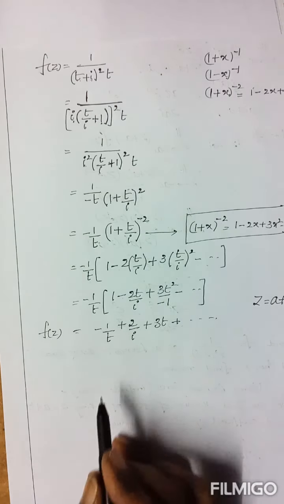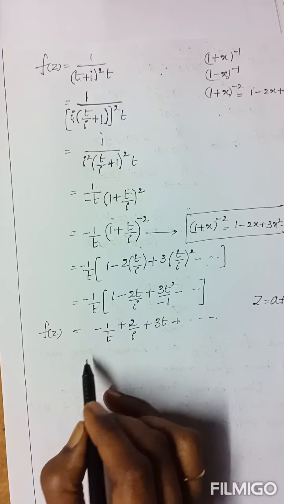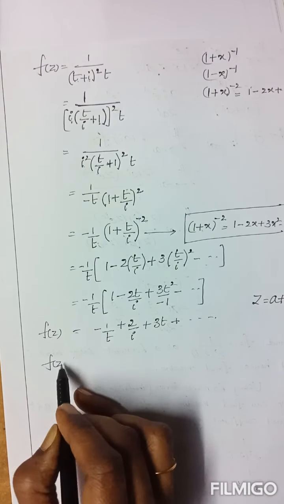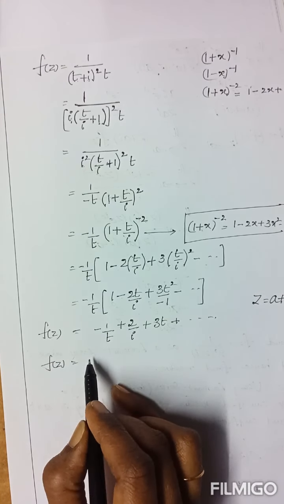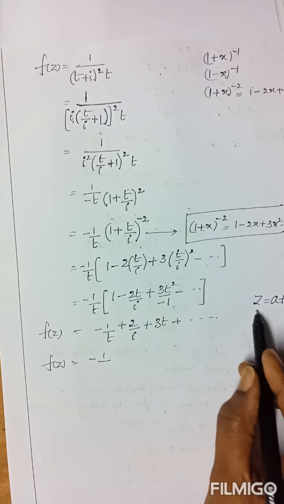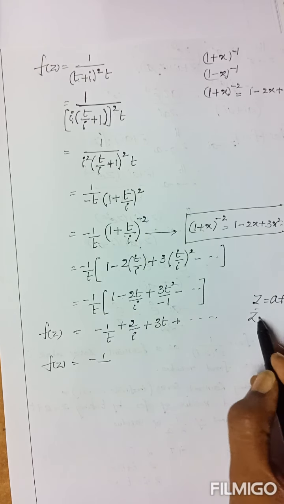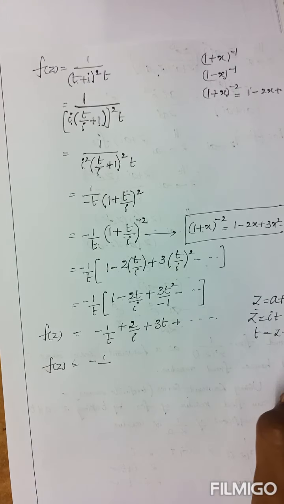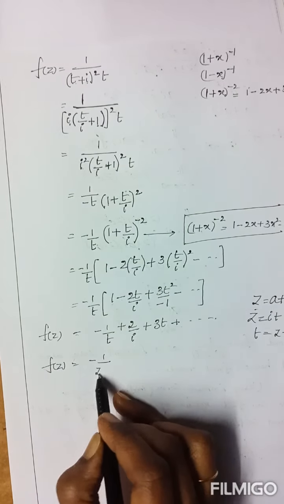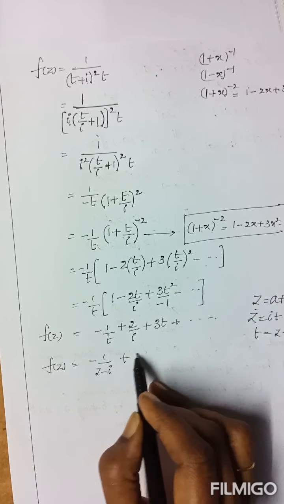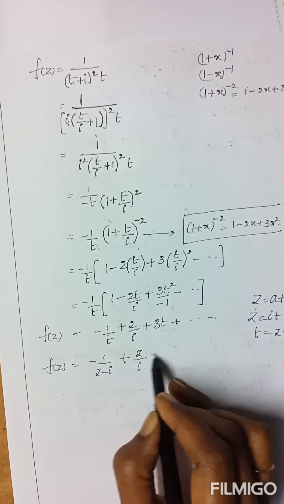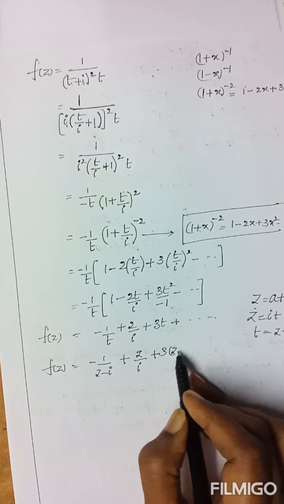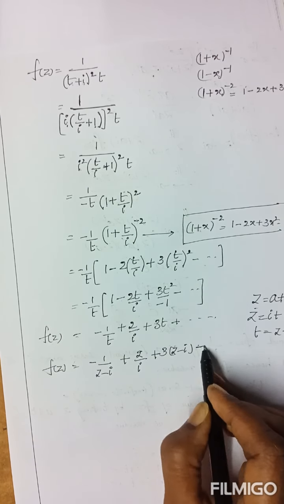After that, as per procedure, after expansion we can write the original value of t. Minus 1 by t is nothing but, z equal to i plus t, then t equals what value? z minus i. So minus 1 by (z minus i) plus 2 by i plus 3 into (z minus i) plus and so on.